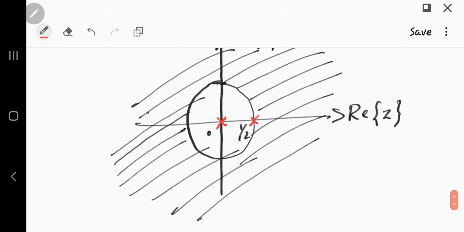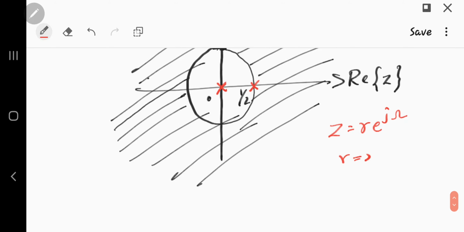So you might be wondering why I am not placing it somewhere here, because you can see z is equal to r into e power j omega, where r will give you the radius, and this omega is the angle of z. Here the angle is not mentioned. If there is no angle, we have to locate it on the axis, that is the 0 axis.